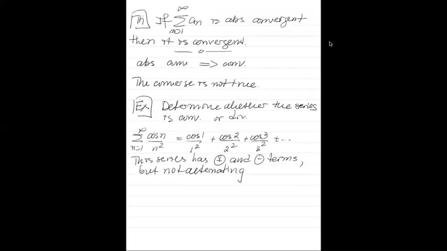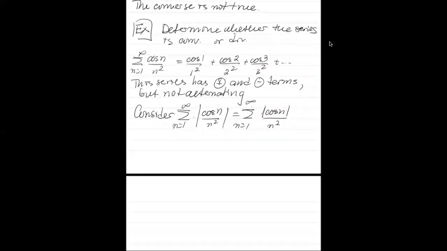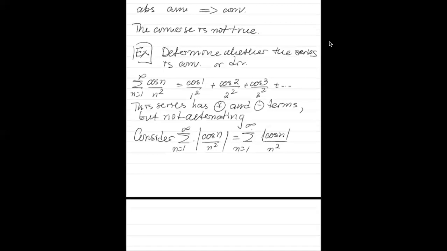All right, so consider sigma of the absolute value, cosine n over n squared, n from 1 to infinity, and that is equal to sigma. I'm going to only keep the absolute value on the numerator because n squared is always positive. Now, anytime you work with sine and cosine, keep in mind that they're bounded.